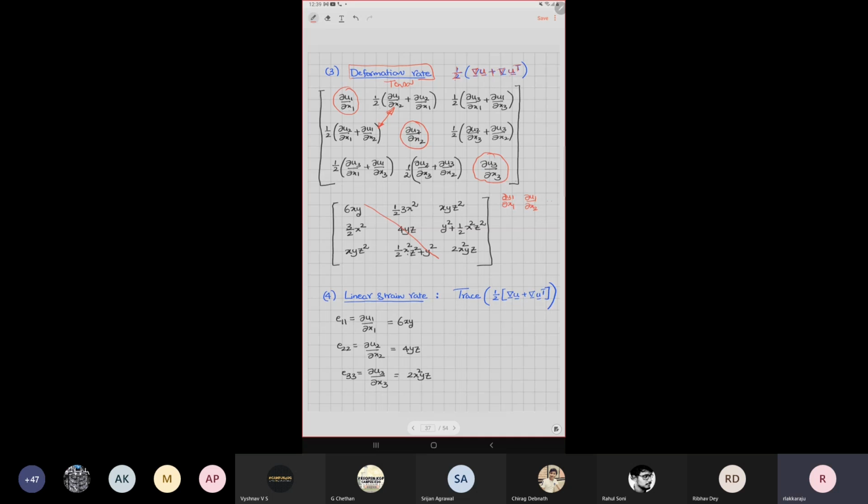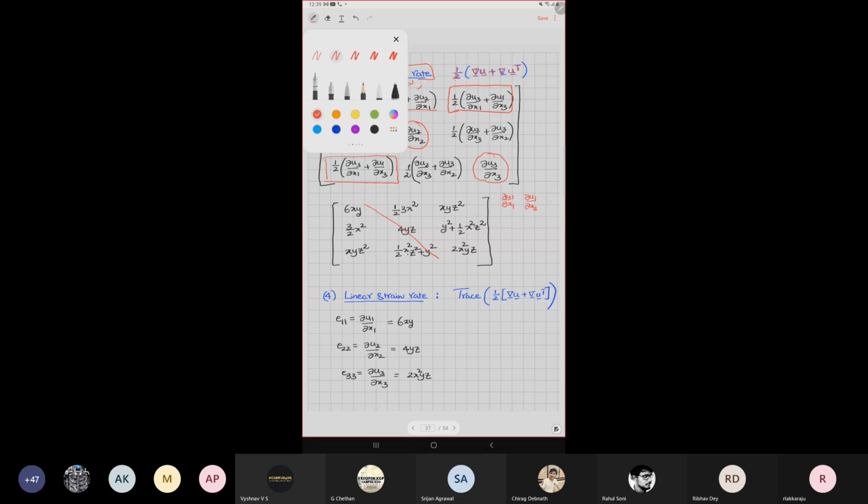The top one is half of del u1 by del x2 plus del u2 by del x1. Here what we have is half of del u2 by del x1 plus del u1 by del x2. It repeats symmetrically. Similarly, you pick this one, this one repeats here, because it's a symmetric matrix.